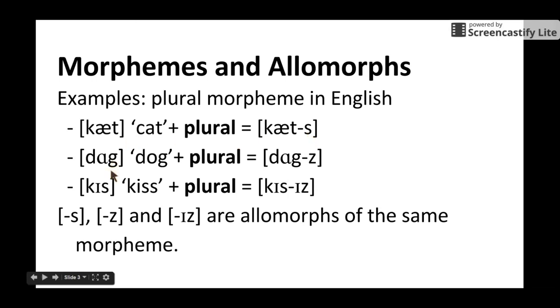If we have a voiced sound at the end of the root, then we get z, dogs, right? And if we have a sound like s, then we get iz, kisses, right? So actually, s, z, and iz are allomorphs of the same morpheme, which is the plural morpheme.